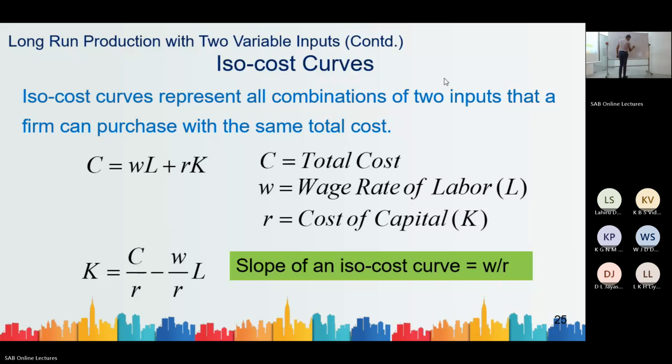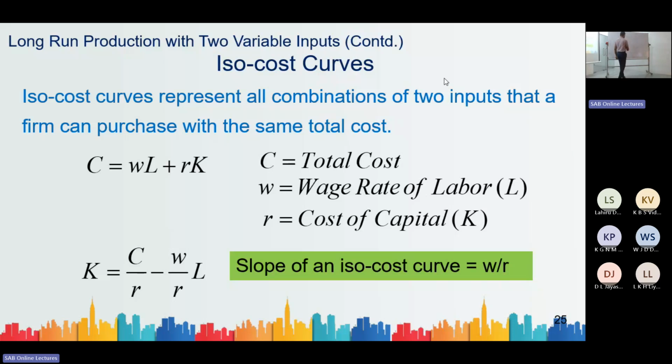10. And what is the slope? W over R. W is 500, R is 1,000, so the slope is 0.5. The intercept is C over R, 10,000 divided by 1,000, which is 10.